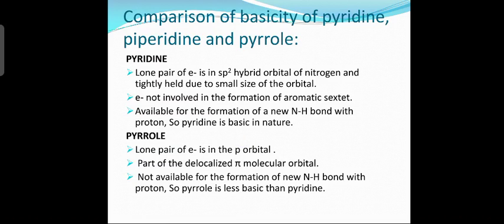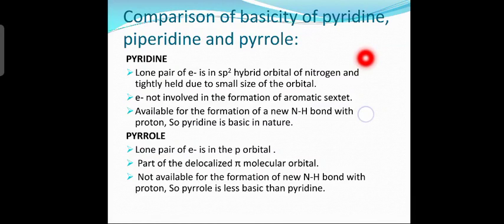Now next is comparison of basicity of pyridine, piperidine and pyrrole. The lone pair of electrons present in the sp2 hybrid orbital of nitrogen in pyridine is not involved in the formation of aromatic sextet. It is readily available for the formation of new NH bond with the proton.